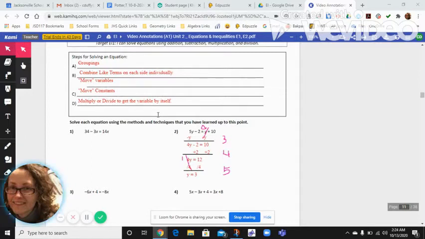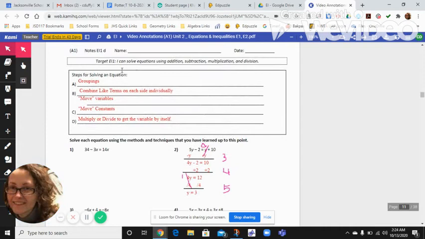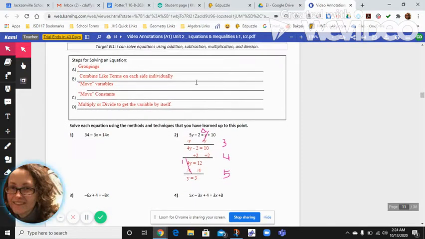So for this unit, these steps are what we want to go through step by step to solve these equations. As you can see in question number 2, sometimes I won't need to do every single one of these steps. I didn't have to do step 1 or 2 in question number 2, but I did have to do steps 3, 4, and 5.